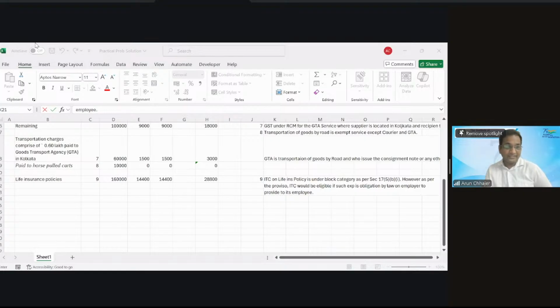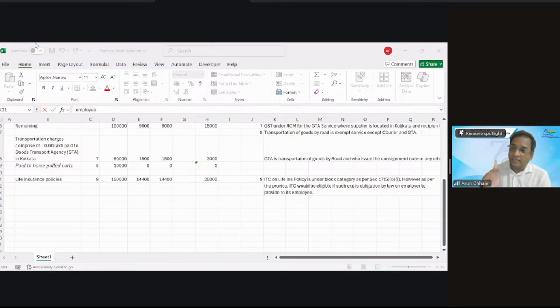And what is Harshit? Whether, sir, if they issue the consignment, it will come under RCM or exempt. See Harshit, if you read the GTA service, what does it mean? Does GTA mean only the service provided by the truck, etc.? No. If you go to the definition of GTA, which is given in the notification, it simply says two words: service by road and consignment note.